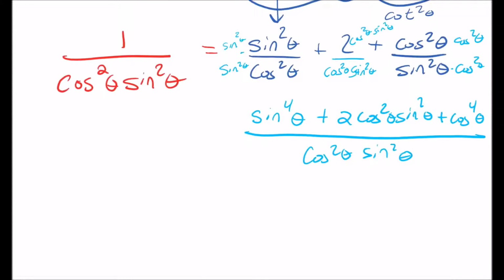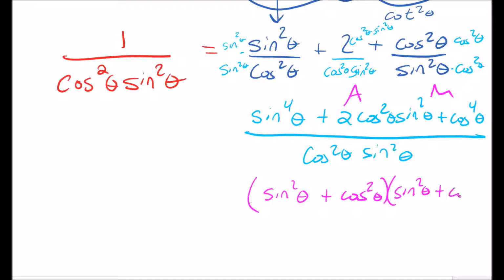Now that top part there can actually be factored. You could think of this as that factoring method where you're looking for two things that add to this number and multiply to that number out here. In this case, what this is going to become is sine squared theta plus cosine squared theta times sine squared theta plus cosine squared theta.